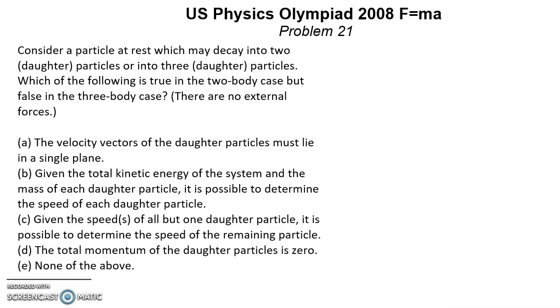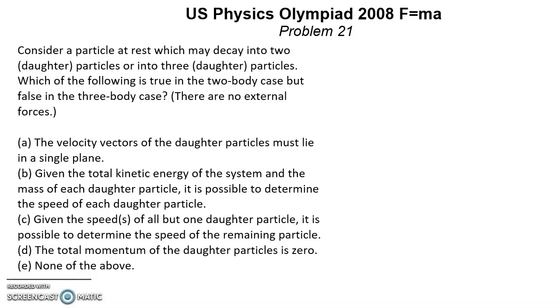It means that we have some part of momentum which does not belong to this plane. It means that total momentum is not zero, which is not correct. So all three vectors must belong to one plane. It means that A is not the correct answer.